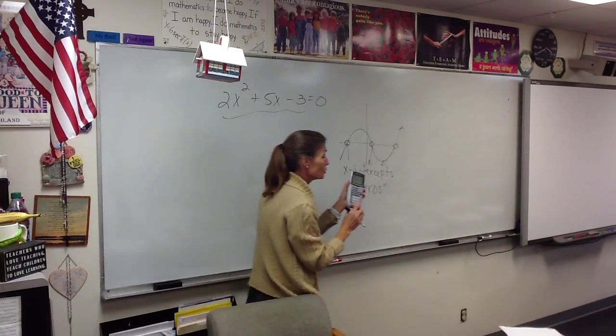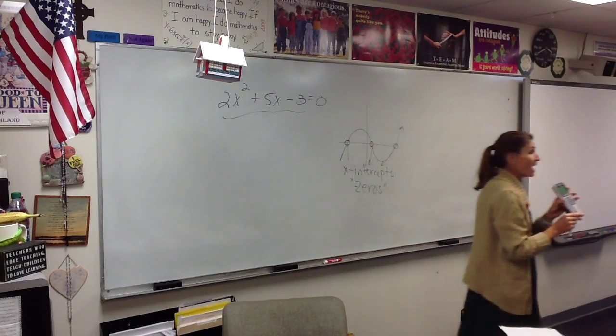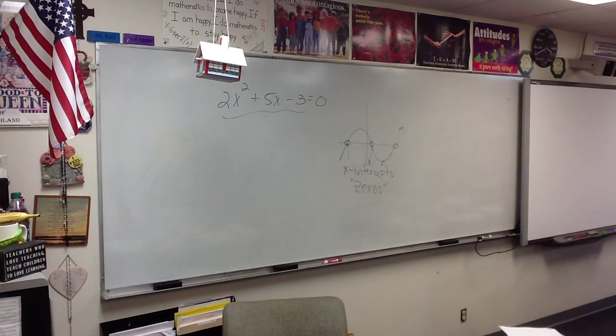So I press 2. Now, how do I get the x? I get it from my variable button, which is the second button in the second row. It has an x on it. It also has a t and a theta and an n. Press it and we should get an x on our screen.